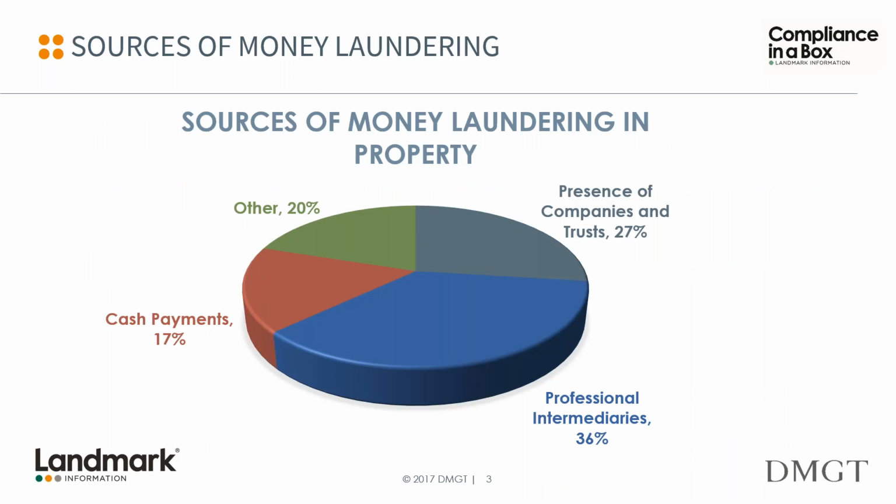In the National Risk Assessment of Money Laundering and Terrorist Financing 2017 report published by the government, 27% of money laundering cases involved property transactions, highlighted the presence of companies and trusts. 36% highlighted attempted use of professional intermediaries, and 17% reported high cash payments.